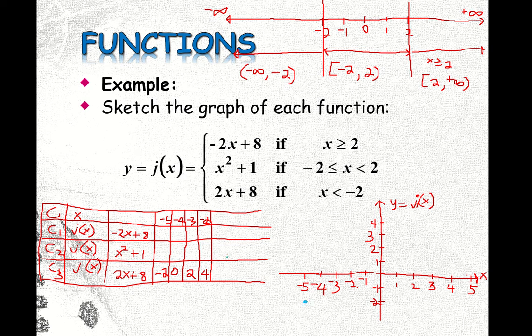Now when x equal to minus 4, g of x is 0. When x equal to minus 3, g of x is positive 2, so it's somewhere here.